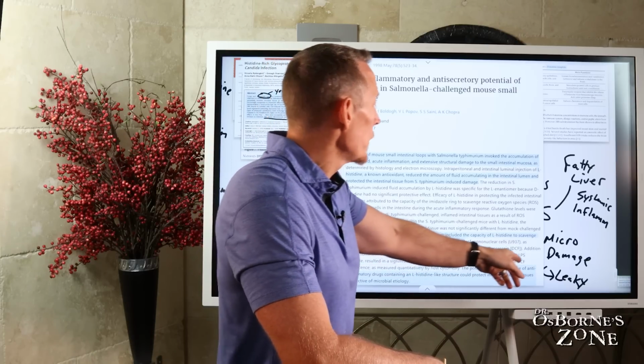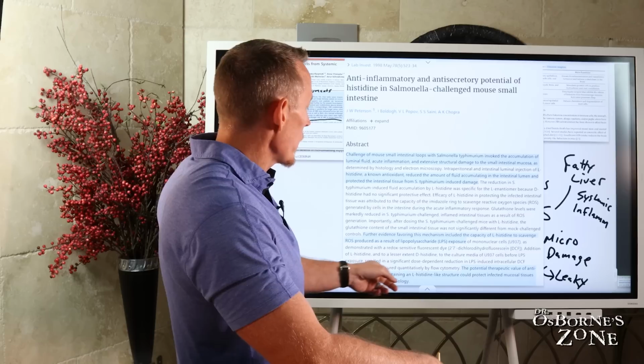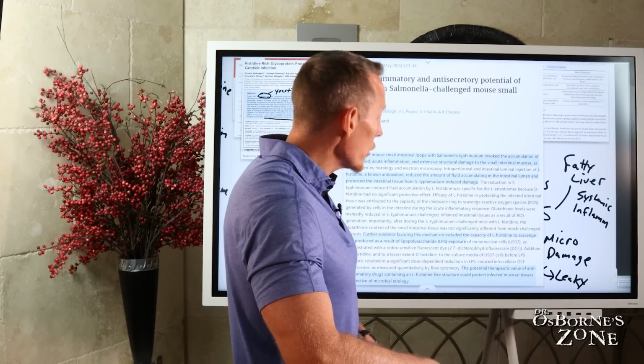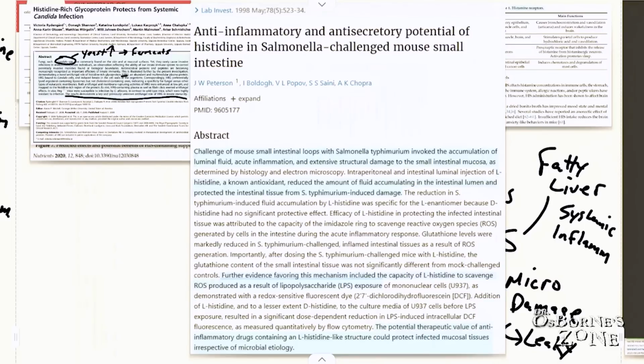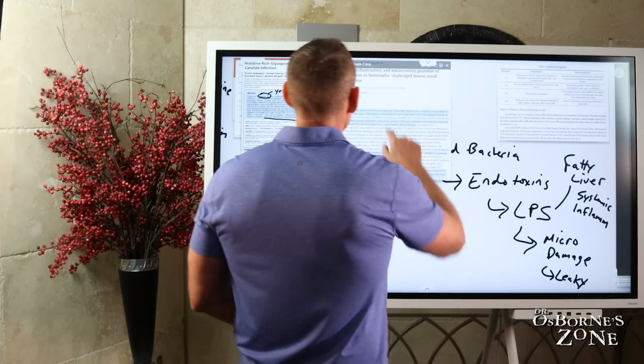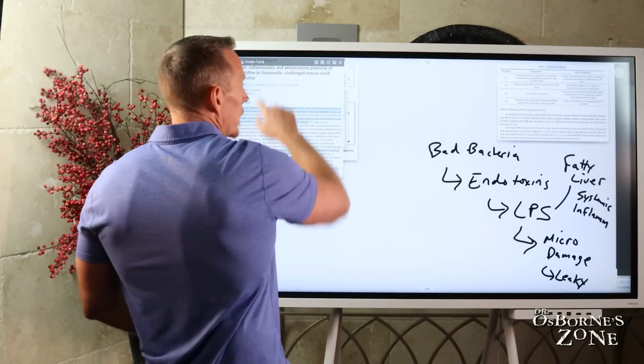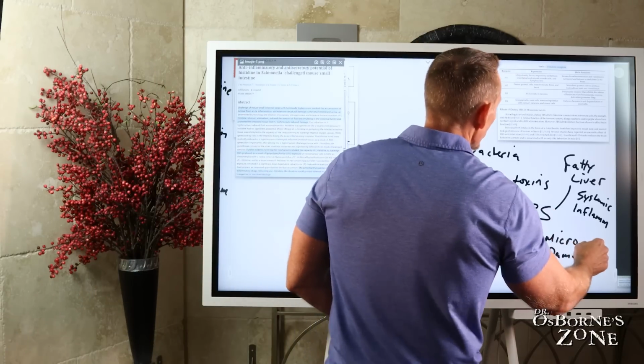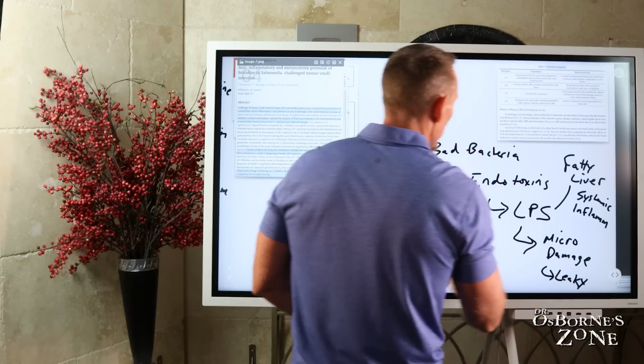So the potential therapeutic value of anti-inflammatory drugs containing an L-histidine-like structure could protect infected mucosal tissues irrespective of the etiology or the source of the microorganism. So animal studies give us great insight. Those are animal studies. Okay, let's move on to human.